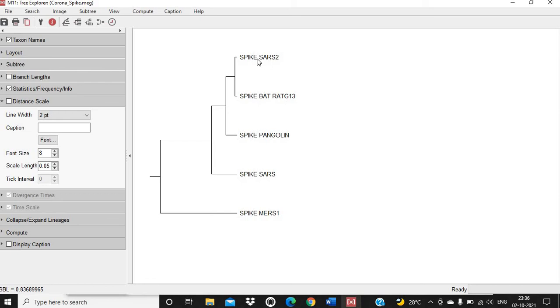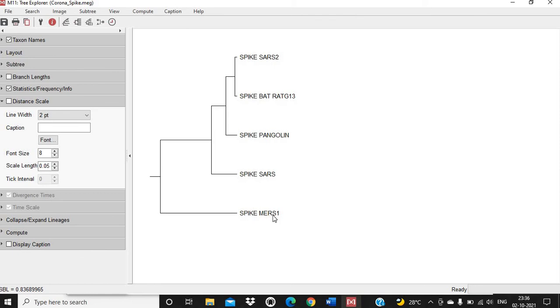So these two proteins are very similar, almost identical. And the pangolin is also closely related. Spike SARS is also closely related.